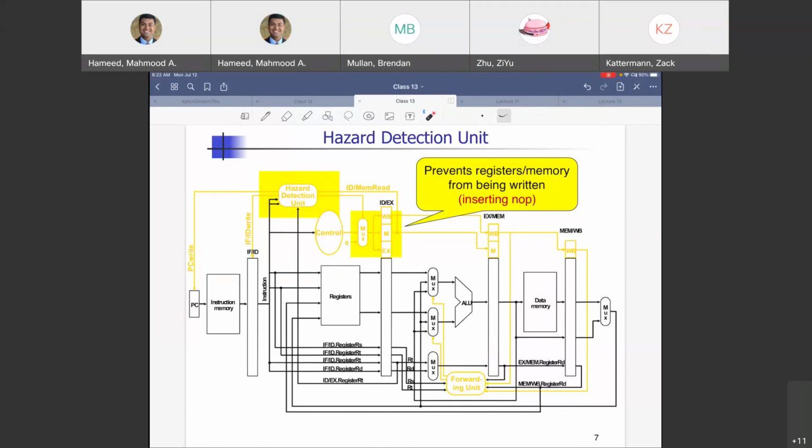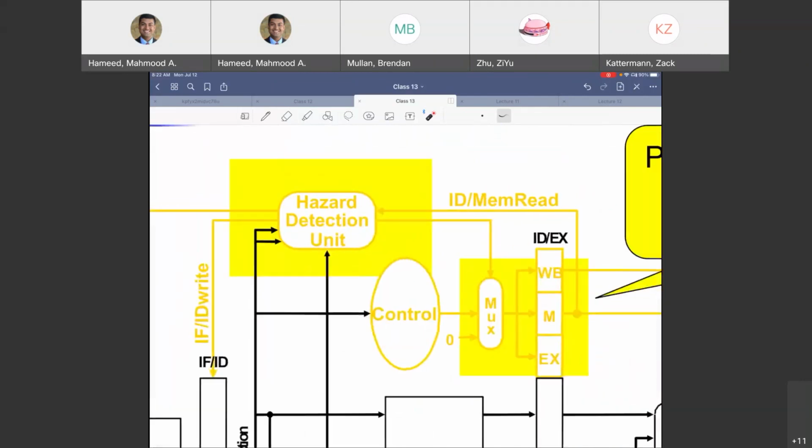Now, we have already discussed what are the inputs to that, right? The inputs to that, mem read, where is that coming from? It is coming from the IDEX pipeline register. That is an input to the hazard detection unit. We just agreed upon that.